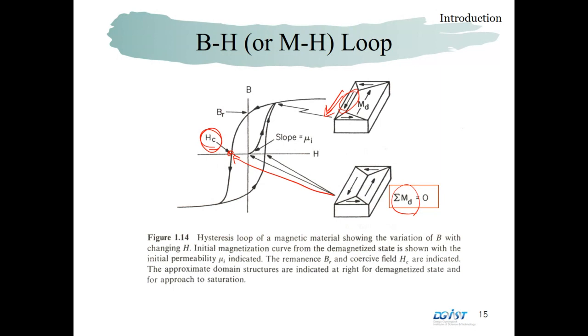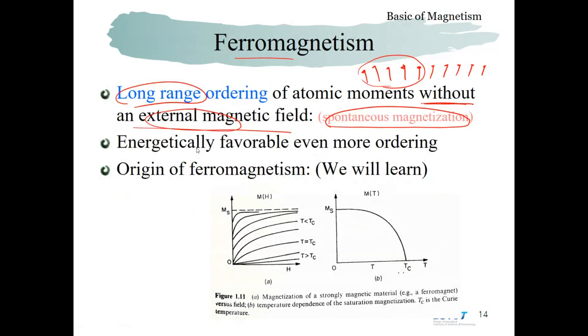Okay. So Changang asked a question about the, yeah, this is not quite a correct statement. What I'm saying is, in physics, a more ordered state is energetically not favorable. But in the ferromagnetic material, this kind of ordering is the energetically stable state.